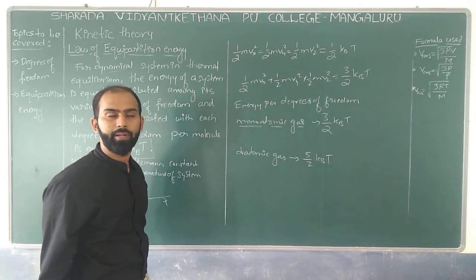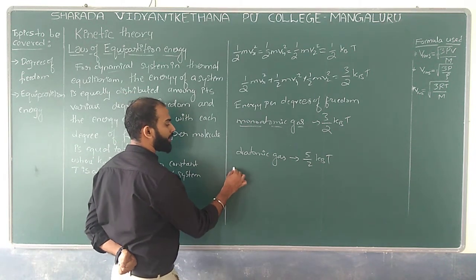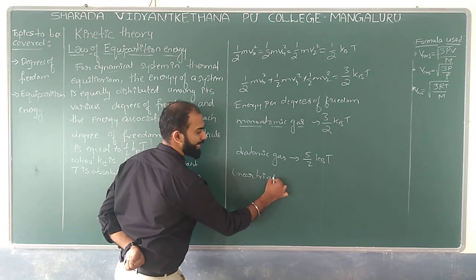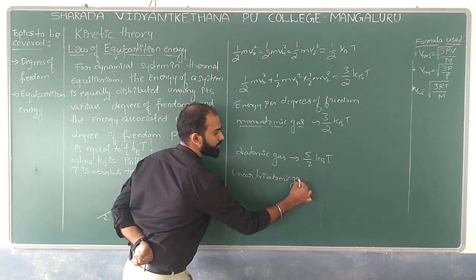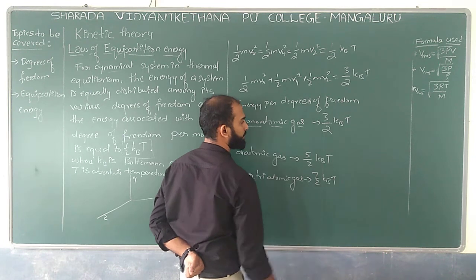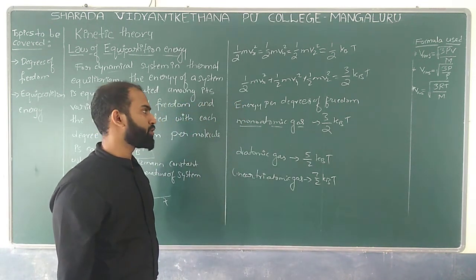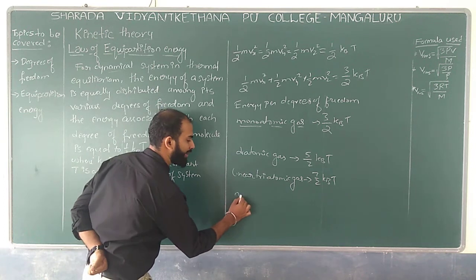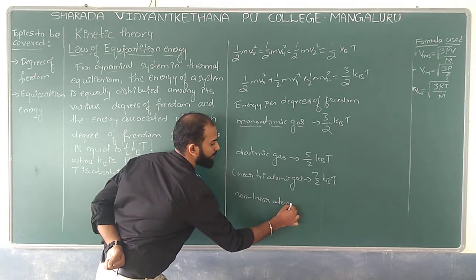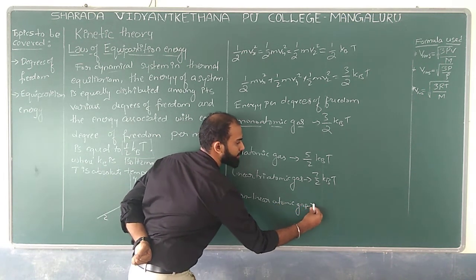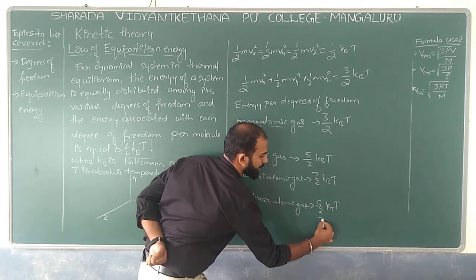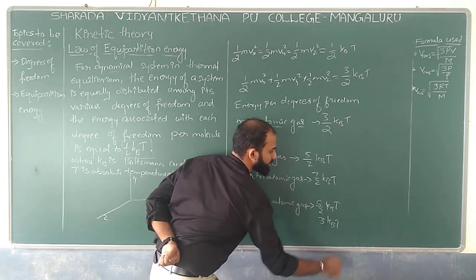For a linear triatomic gas, it is 7 by 2 kBT. And similarly for a non-linear triatomic gas, it is 6 by 2 kBT, or we can write 3 kBT, which is nothing but the same.